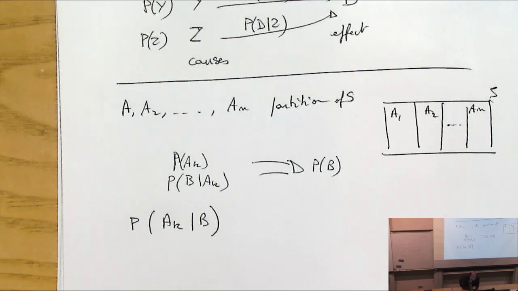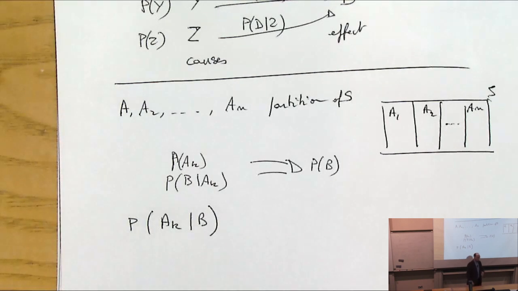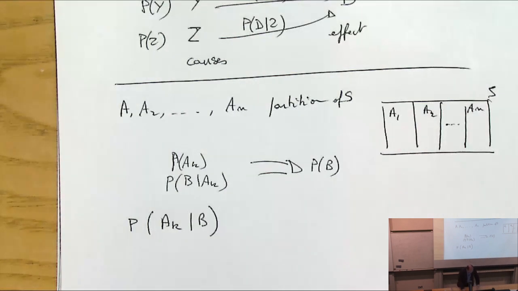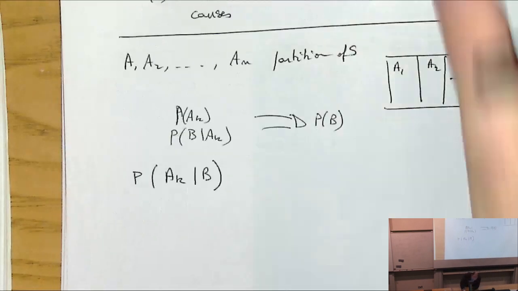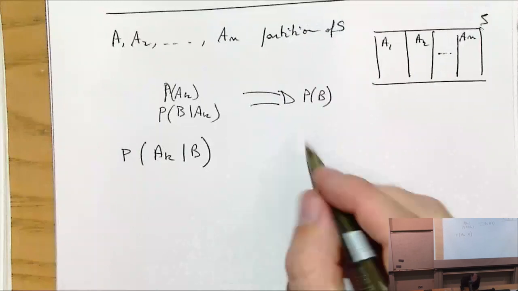Right? So you can still think about this in terms of cause and effect. B is the effect that you observe, and your question is what's the probability that AK was actually the cause of having B observed. Right, so how can we do this? Well, this is called Bayes' theorem.